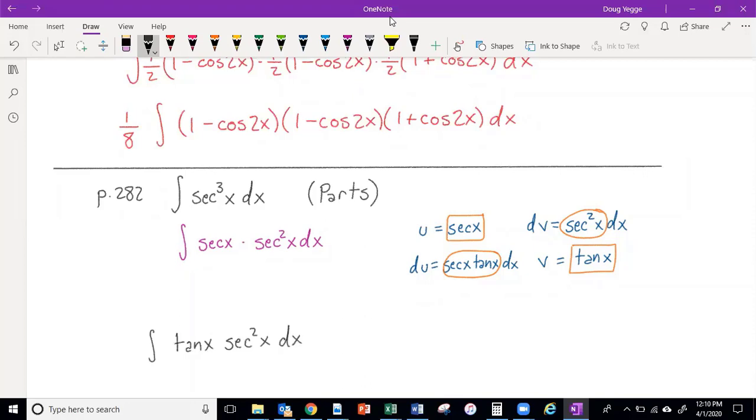You're trying to find secant squareds so that I could make all the tangents that I see u, and then this right here would be du. So even if you had something crazy like tangent to the 7th x secant squared x, notice because I was able to find a secant squared x, that was the derivative of tangent. So because I was able to find a secant squared x in the integral, this now simplifies down to the integral of u to the 7th du. And then you can go from there.